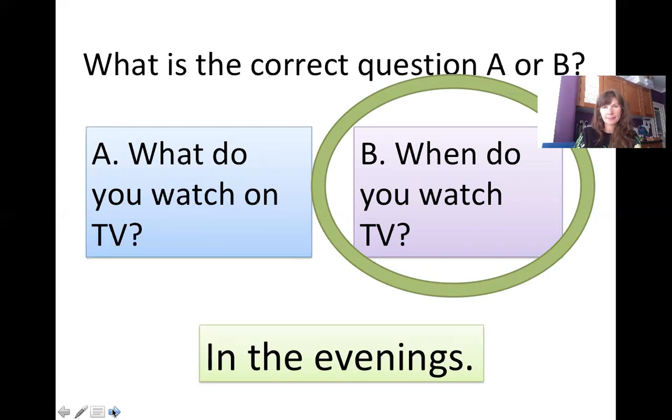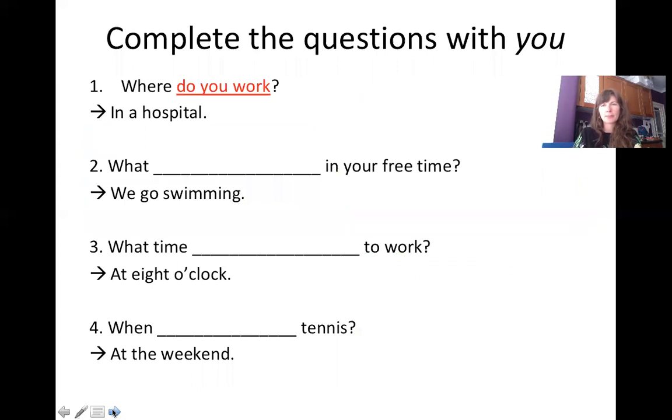Okay, now I would like you to pause here and complete this. I think it would be fantastic if you wrote these questions and completed this activity in your notebooks.